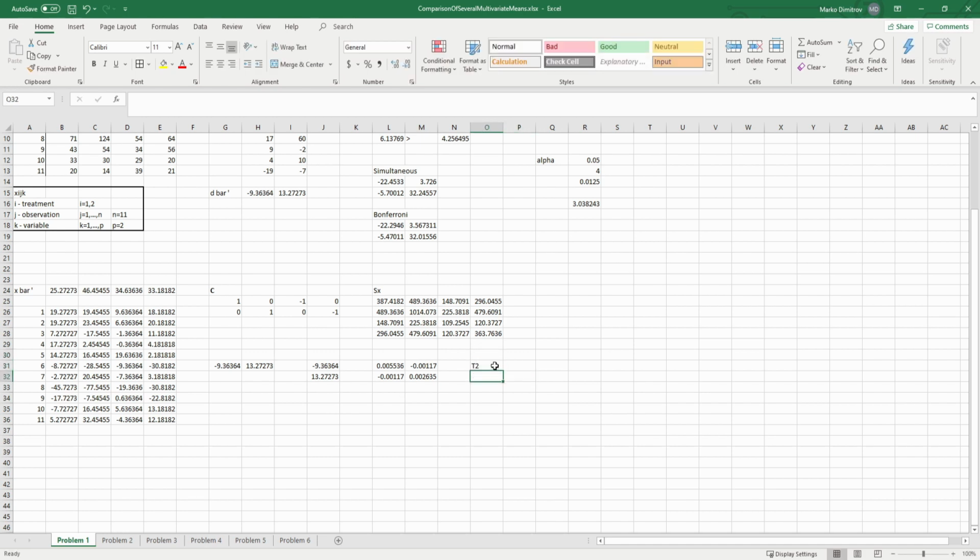What we have here is a matrix multiplication of three matrices: our vector x bar transposed C transposed, then our inverse, then our vector, and times n, which is 11. So we got our value of the T squared statistic this way.